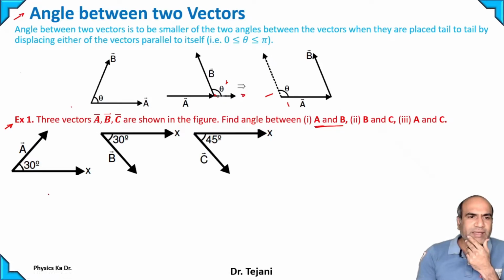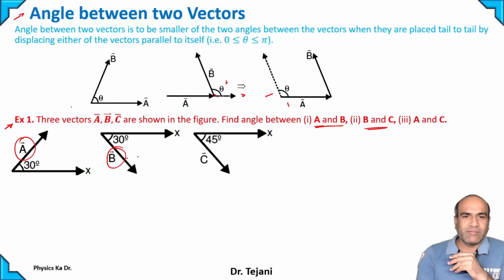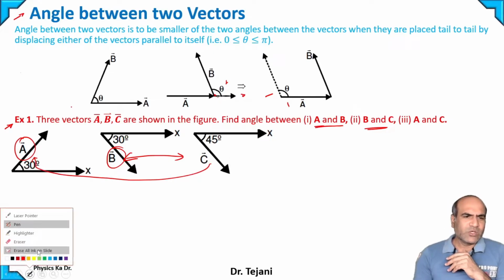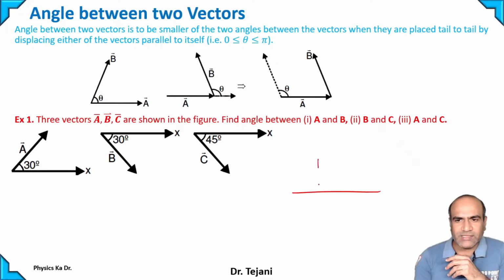So we need to find the angle between vector A and vector B, then B and C, and C and A. These three are required. We already studied the rules. What we need to do is first take the reference x, y.